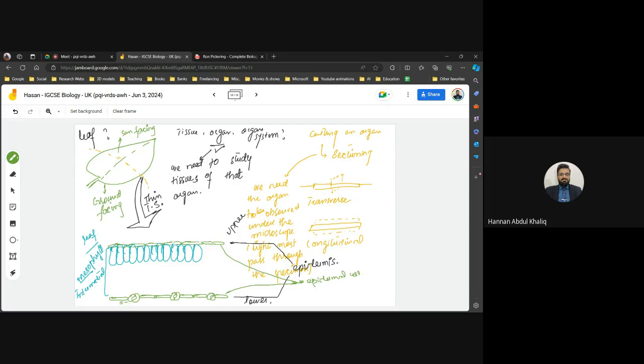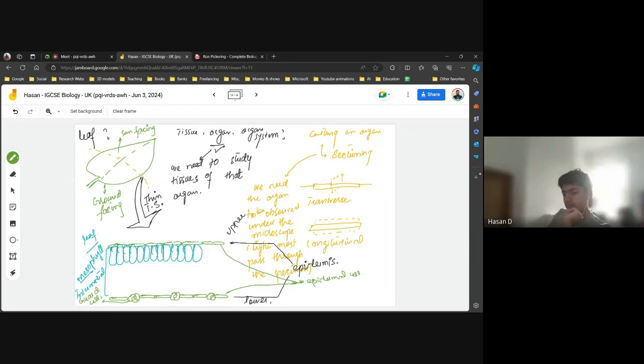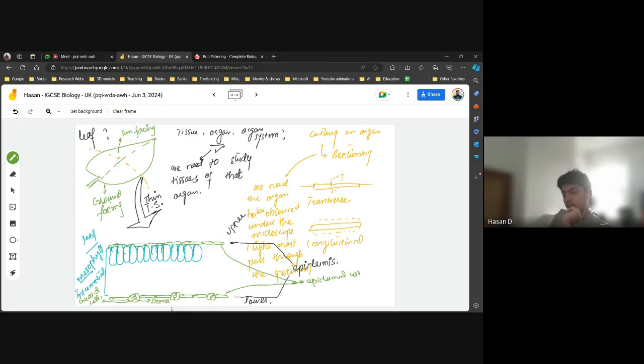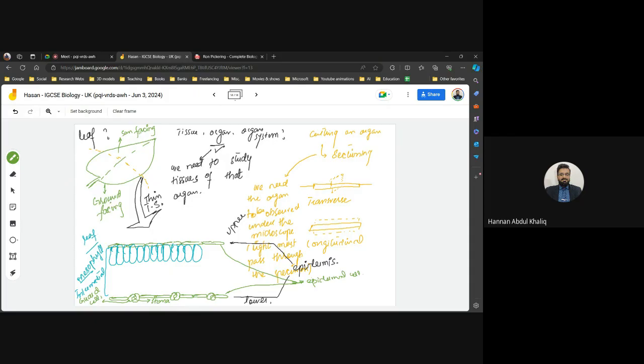What is the name of this cell? We mostly call it a guard cell. And the pore between is called stoma, or plural stomata.